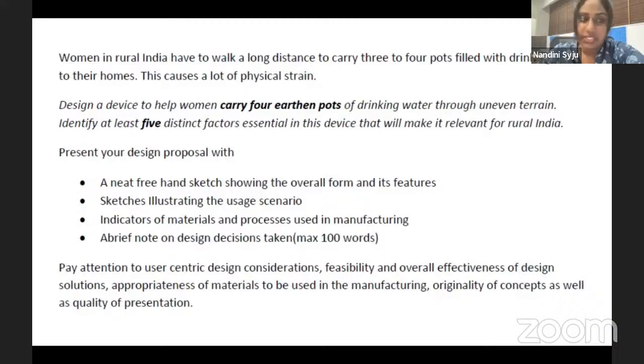All right. So the first thing is that you have to create a neat freehand sketch. The second thing is that it has to talk about the usage scenario, and the third thing is that you have to talk about the CMF, or the colors, material, finish, and give an understanding of, okay, I am not intimidated by, let's say, talking about manufacturing processes.